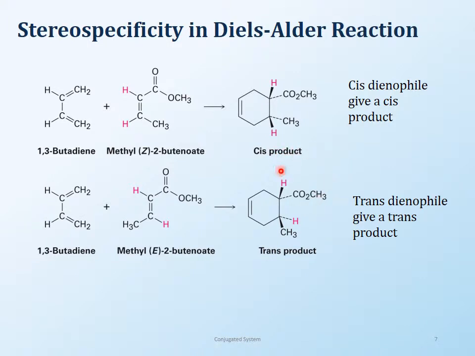And here also you will end up getting two compounds, this one and the mirror image of it. You don't really have to write both of them, but you just need to know that you are forming both enantiomers. So again, if you have a cis dienophile, you will get a cis product. If you have trans, you will get a trans product.